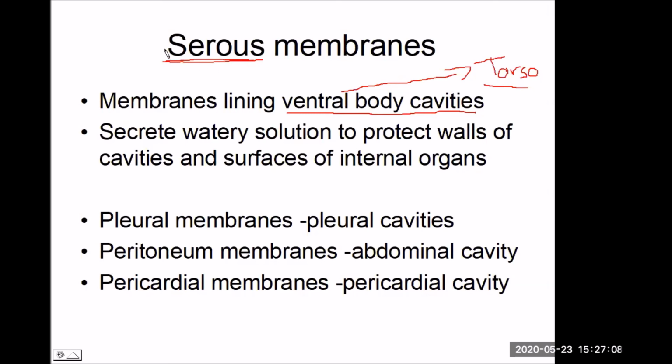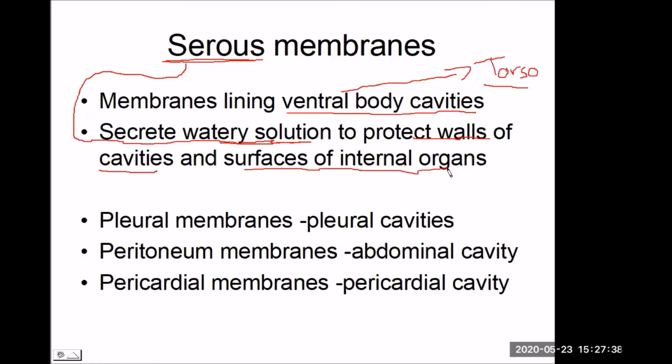The term serous means that there's a fluid secretion, a very watery liquid secretion that's produced by this membrane. And this fluid truly functions as a lubricant. So the organs themselves, as well as the walls of the body cavities, are coated in this watery secretion, and this protects the organs from friction.